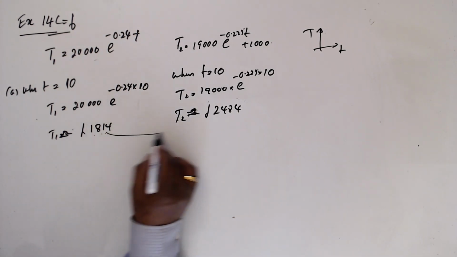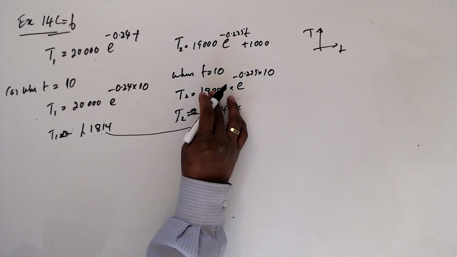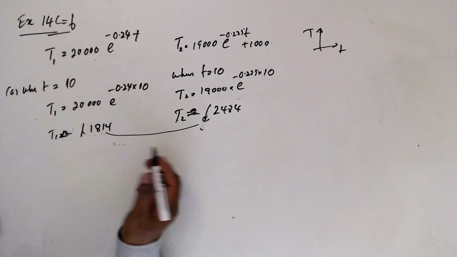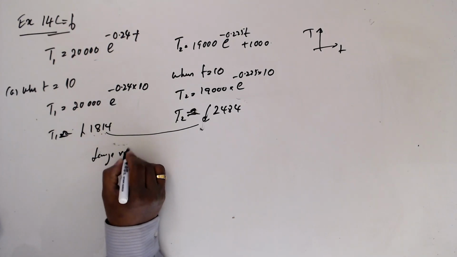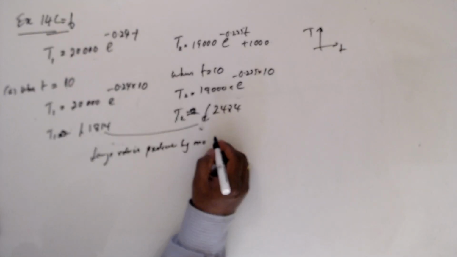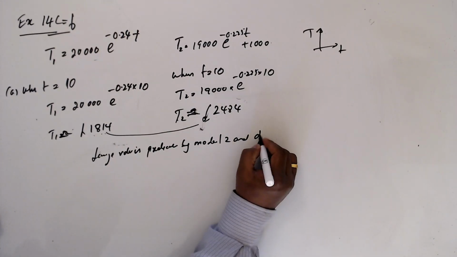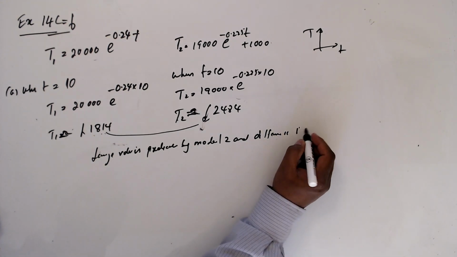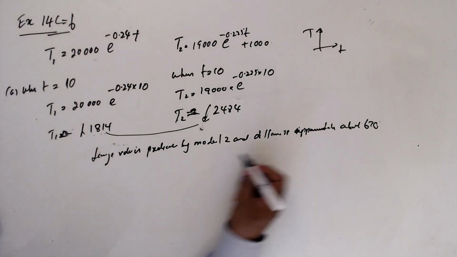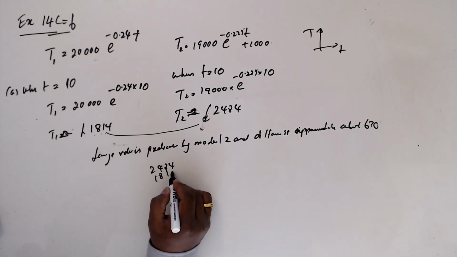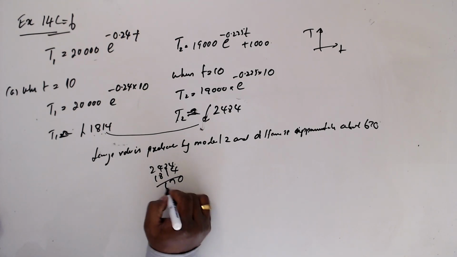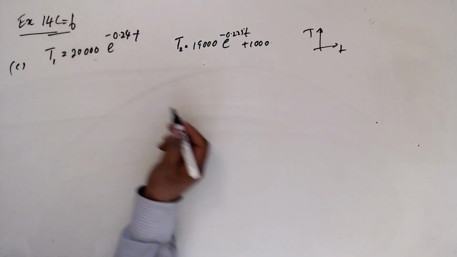Just by looking at the numbers, we can tell that the large value is predicted by model 2, and the difference is approximately about 670.